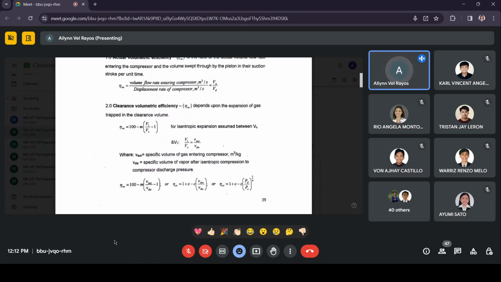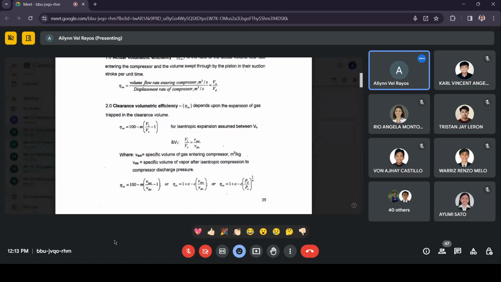Take note, we're talking about the compressor, so you are aware where it is on the pH diagram. VC is the discharge volume. So V1 over V2 minus 1, according to the numbering in the pH diagram.